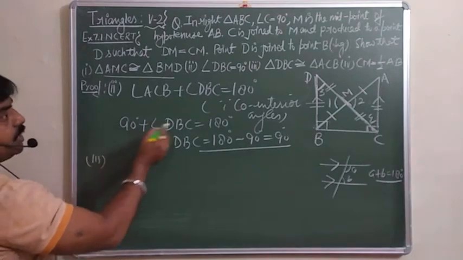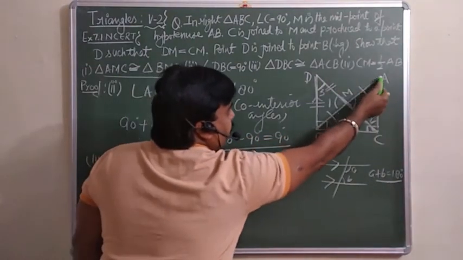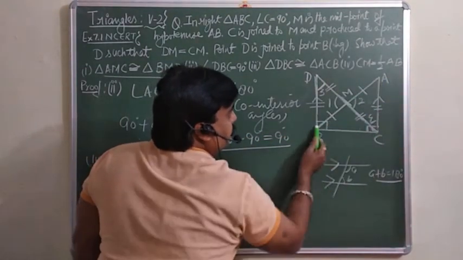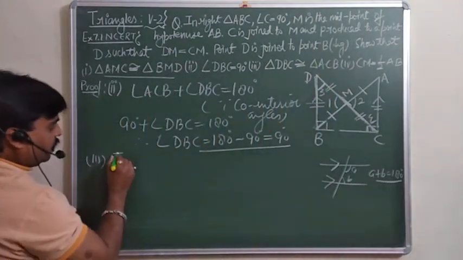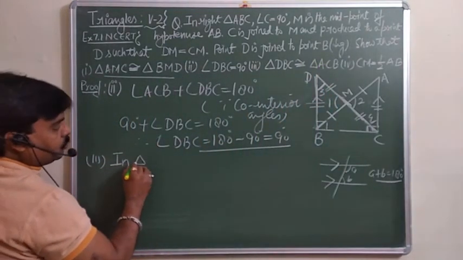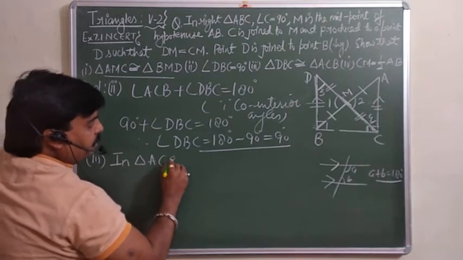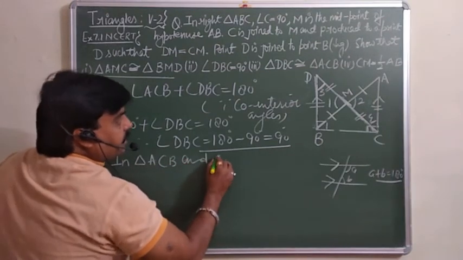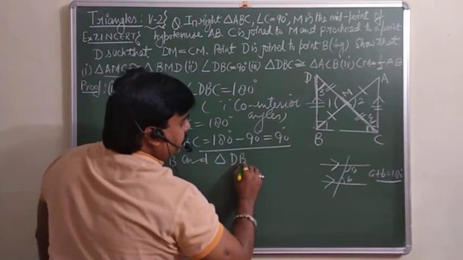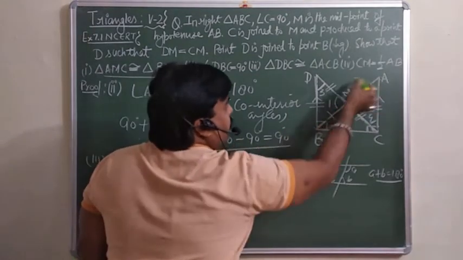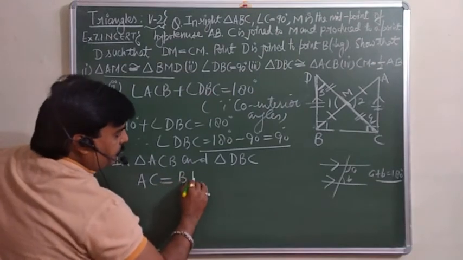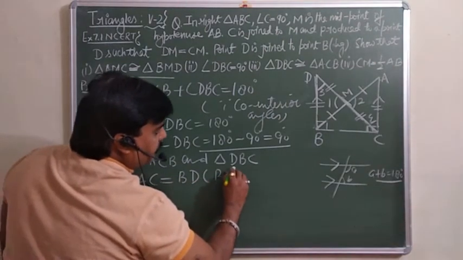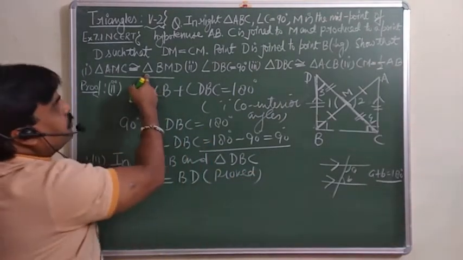The third part is saying you are supposed to prove that triangle ACB, this bigger one, ये बड़ा वाला, and triangle DBC, this one, are congruent. So जो भी triangles congruent करने होते हैं, you must write them down: triangle ACB and triangle DBC. See now, AC is equal to BD is already proved, with the help of the first part.